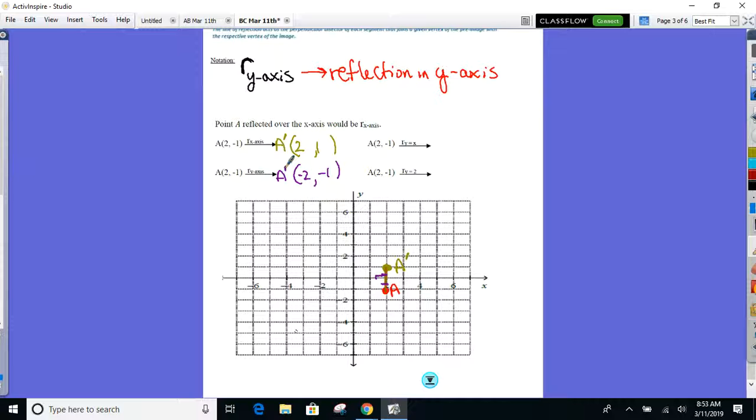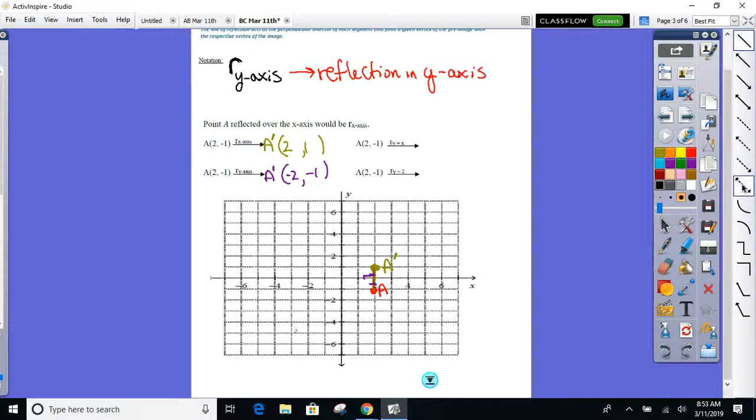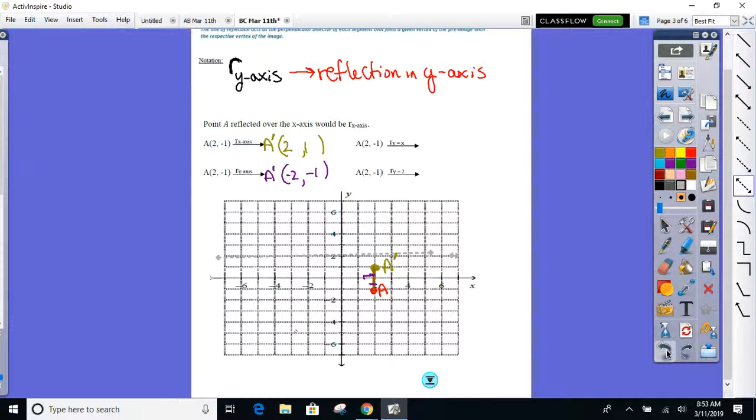Horizontal. Get used to this. Horizontal line going through 2. So if I drew it on my diagram up here, that's y equals 2. This line right here.